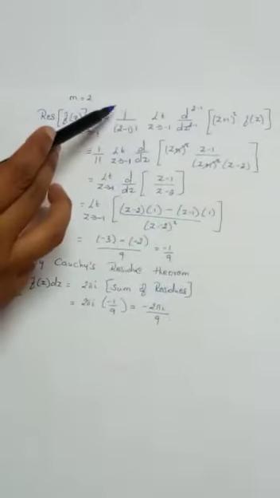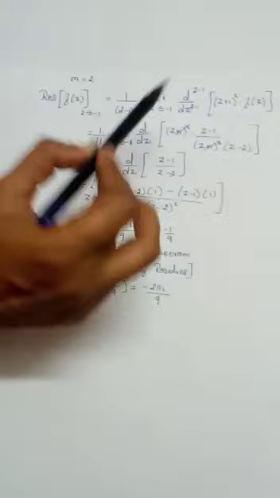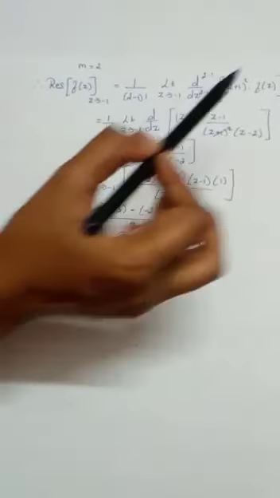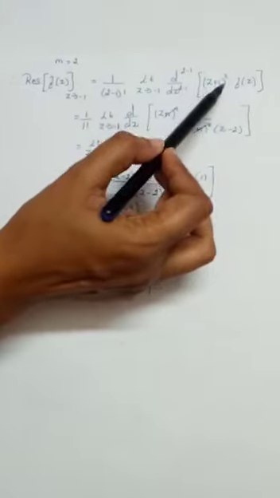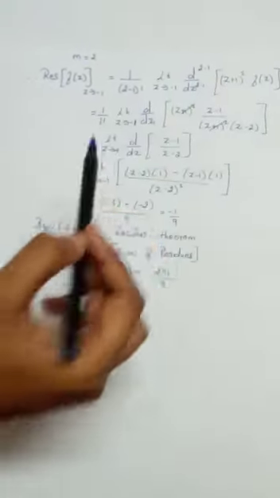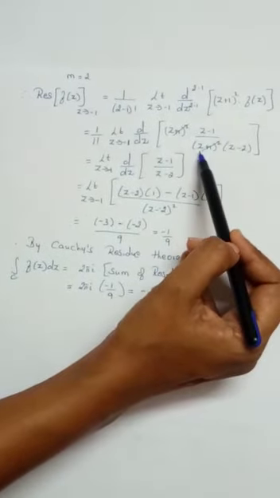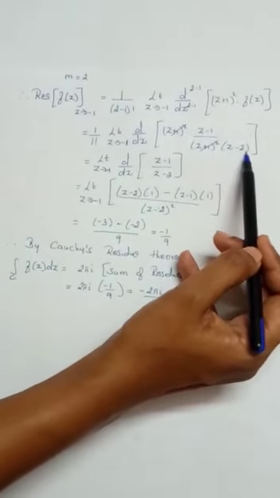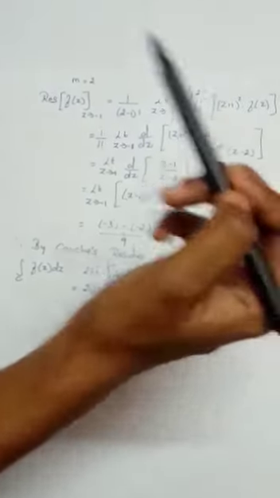Substituting in that, you get 1 by (2 minus 1) factorial, limit z tends to minus 1, d power 2 minus 1 by dz power 2 minus 1, of (z plus 1) whole square times f of z. Instead of f of z, replace it as z minus 1 by (z plus 1) whole square times (z minus 2). (z plus 1) whole square and (z plus 1) whole square get cancelled.